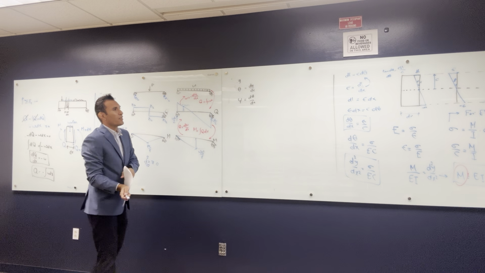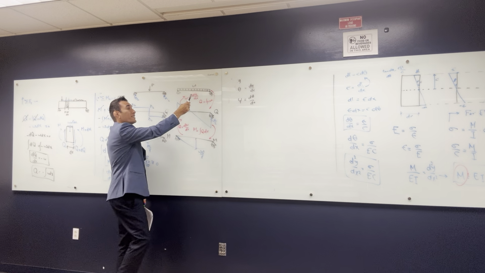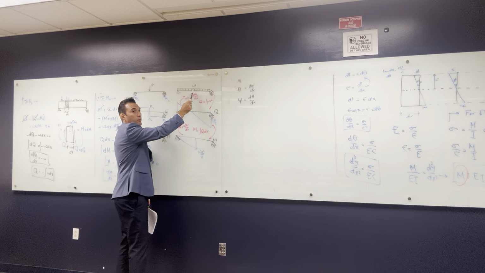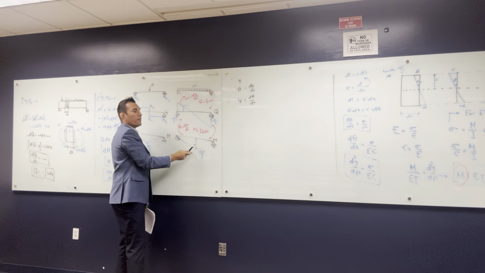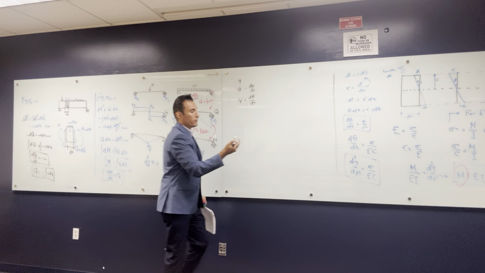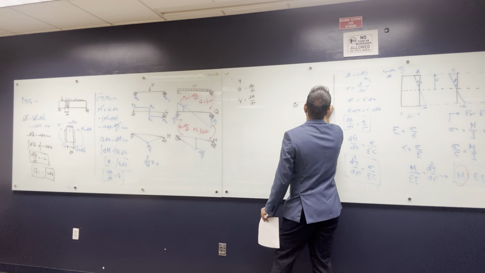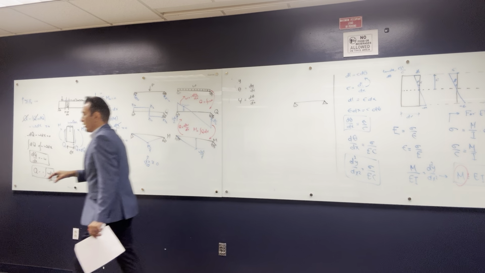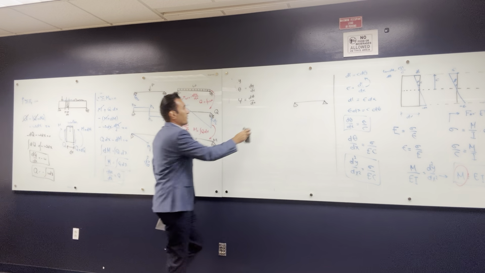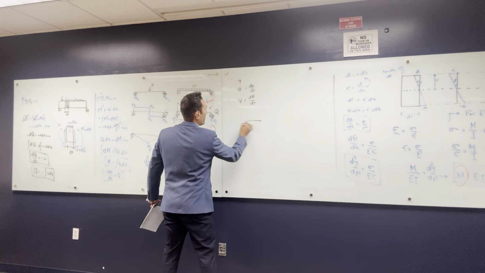So what is the conjugate beam doing? It tells you, if you want to find the deflection for a simple beam or any beam, draw a bending moment diagram, and use this moment as a load on a beam. Here, this is my beam.